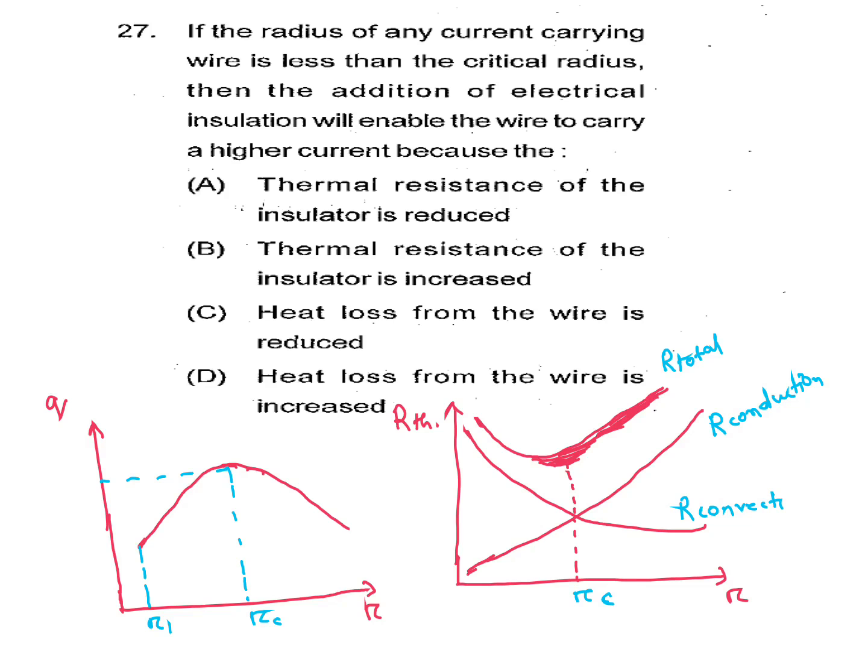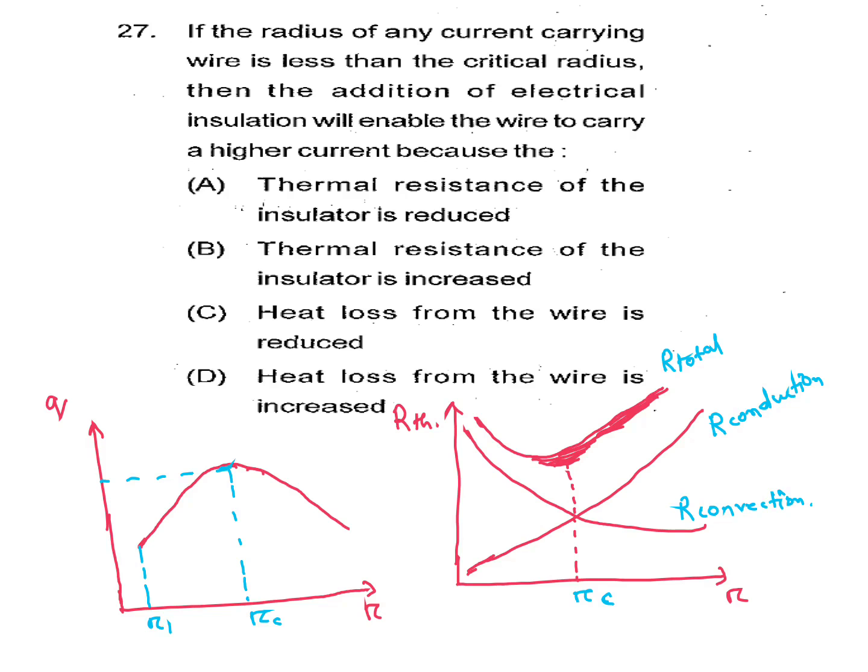This is also very important. Sometimes they are asking for convection and sometimes they are asking for conduction. R total also sometimes they are asking up to critical radius. R total will decrease and after critical radius it will increase. Below critical radius heat transfer rate will increase and after critical radius it will decrease.